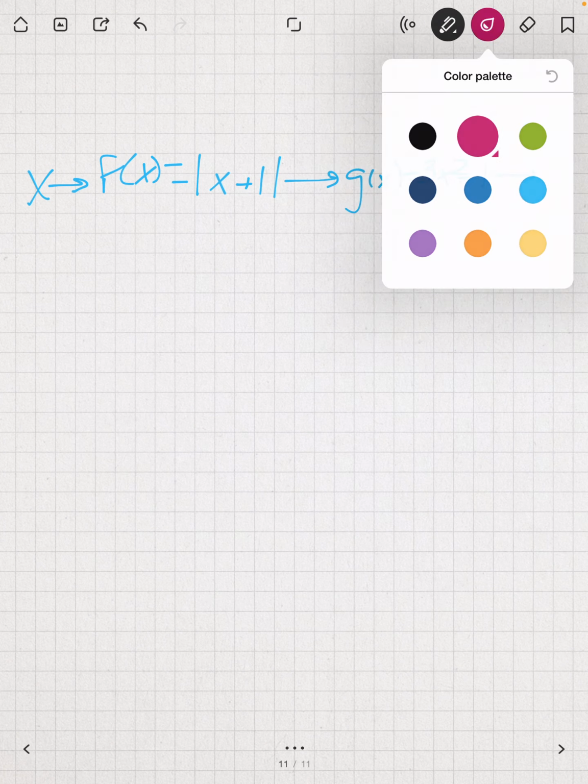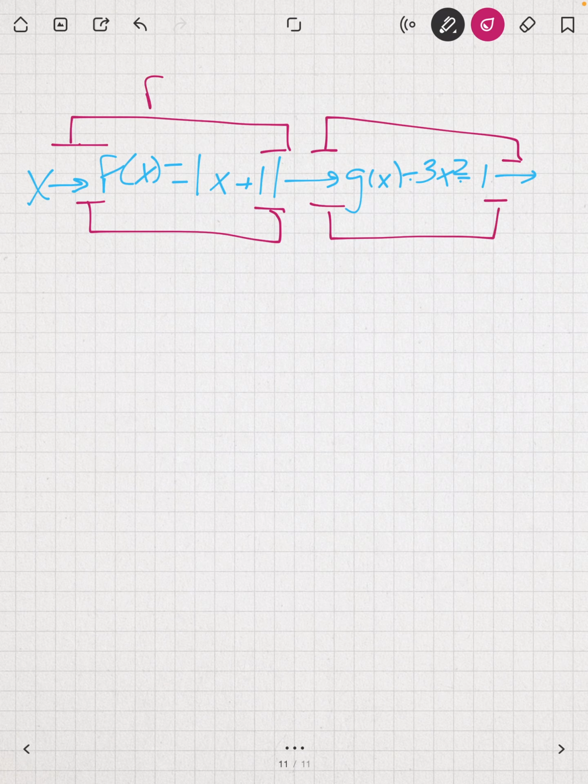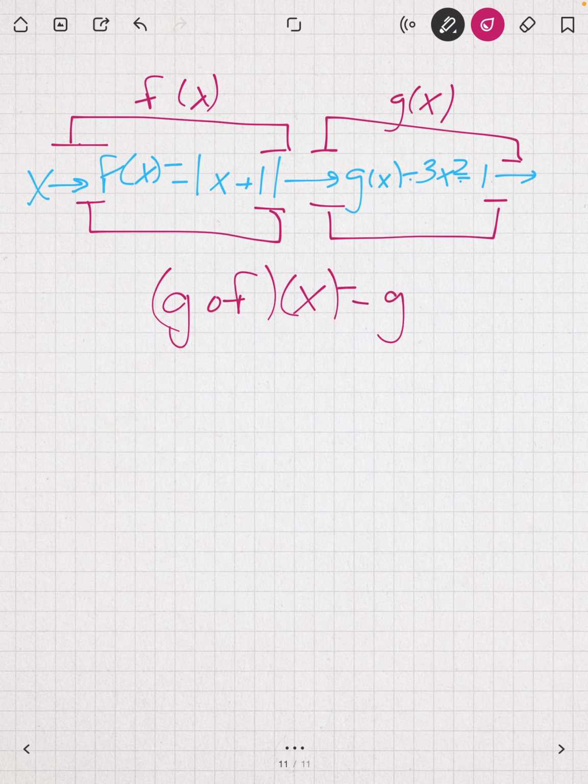So let me write my x goes in here, and then it goes in here. So we have f of x, then g of x. So this is g compose f of x. So g of f of x.